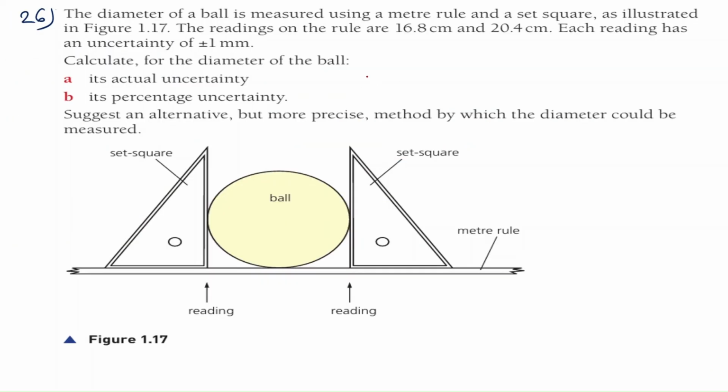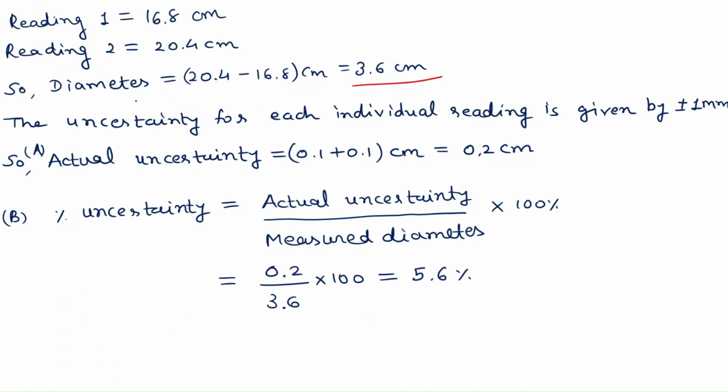Now, in the question, we have to calculate the actual uncertainty in part A. Actual uncertainty means that in every measurement there is a 1 mm uncertainty, so you have to add them for the actual uncertainty, and it will be 0.2 centimeter, or you can say 2 mm.